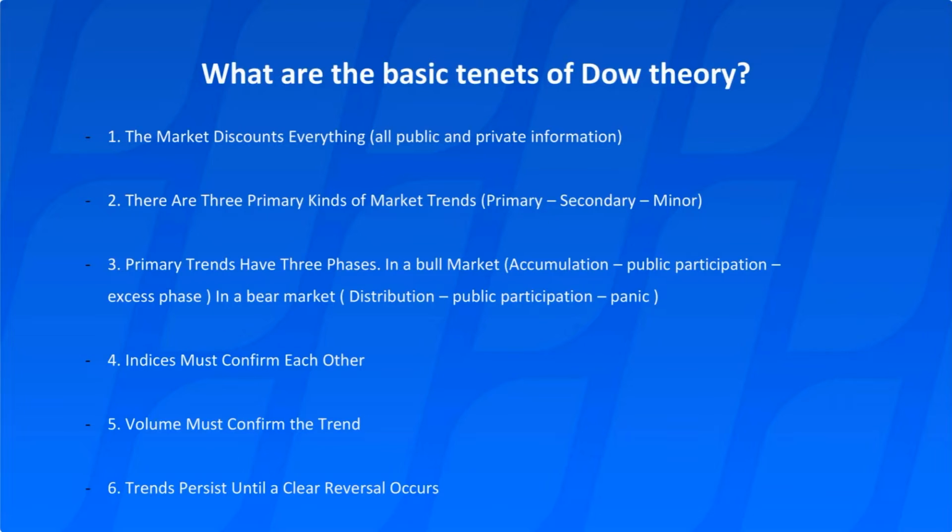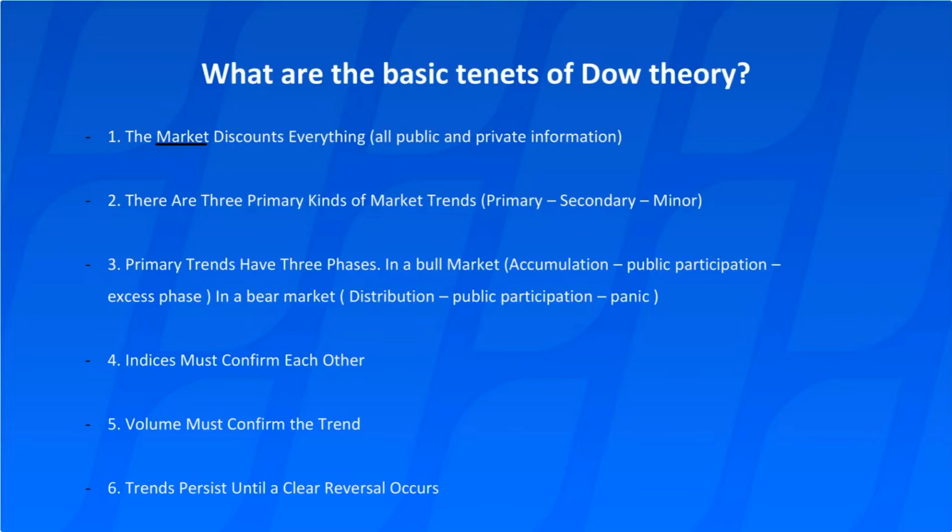Number 1 mentions that the market discounts everything. And here, the word market equals price. So if we substitute the word market with the word price, it should be: the price discounts everything. This gives us the same meaning, which means that the price for anything should, according to Dow theory, discount everything. For example, if we're talking about the price of stock X, the price is now at $40.